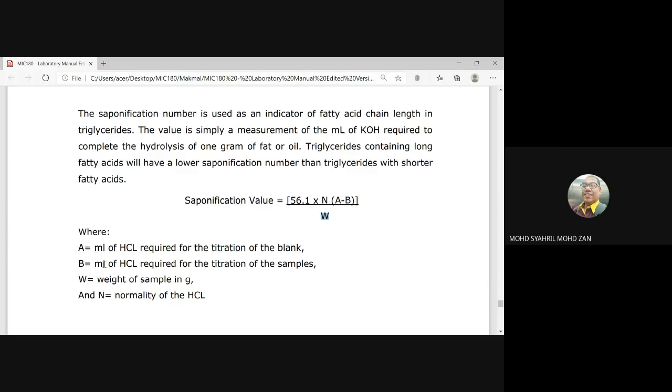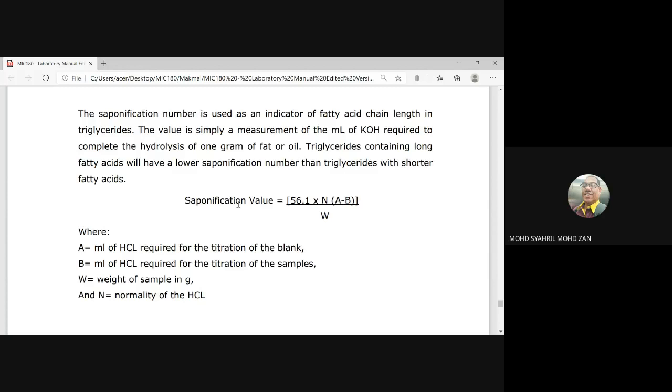W is the weight of sample in grams. N is the normality of the HCl. When we get all these items A, B, W, and N, we put them inside this formula and then you get the value.